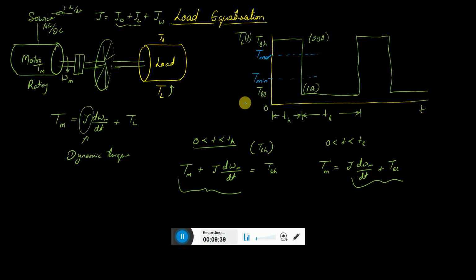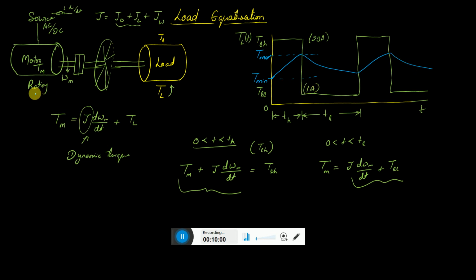So when a load is suddenly applied, the motor torque will definitely try to increase. At steady state, it will look like it is rising from minimum to maximum and from maximum to minimum, then from minimum to maximum, then maximum to minimum.